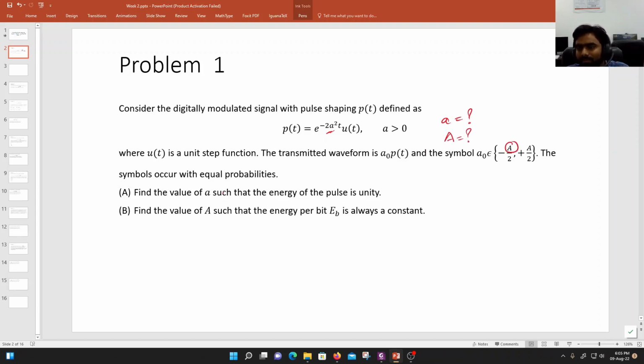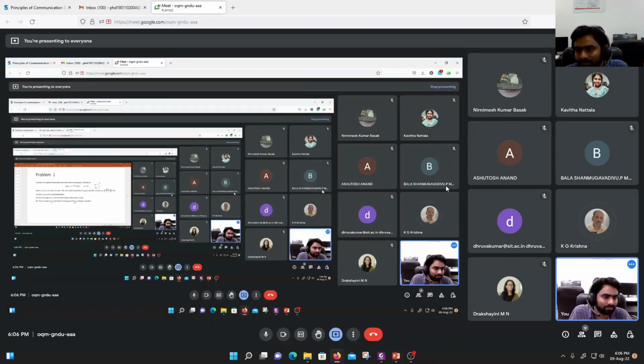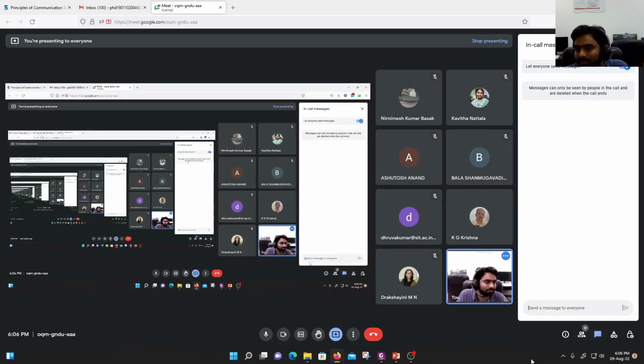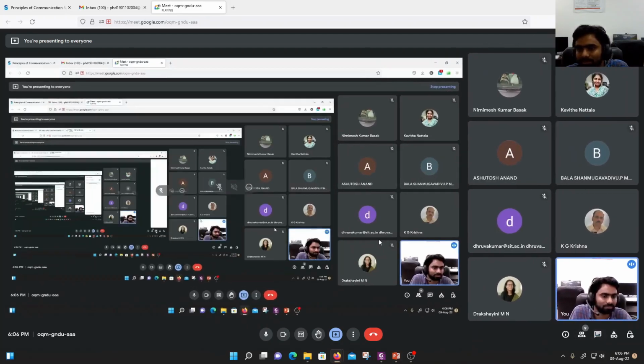Yes, minus A by 2 to plus A by 2, the spacing is A. Right. So you need to find the value of A in terms of EB, which is a constant, which is given. So you can write your answers in the chat box. You got some answers.